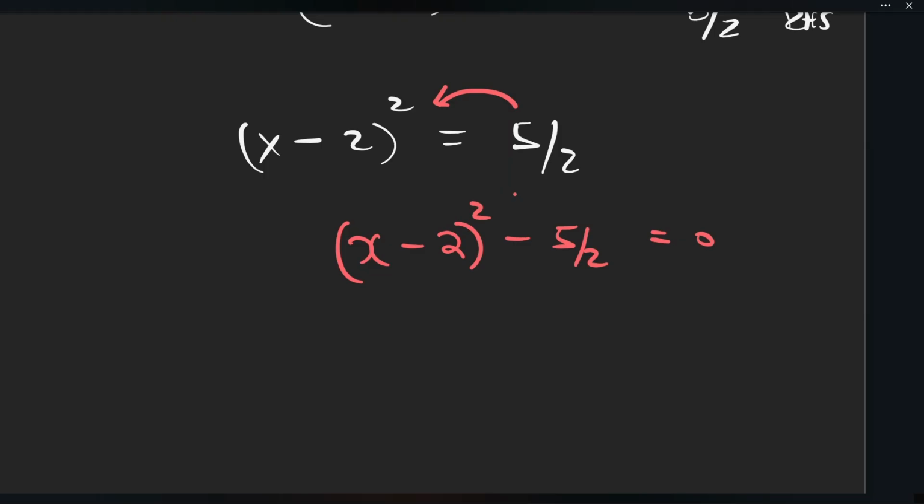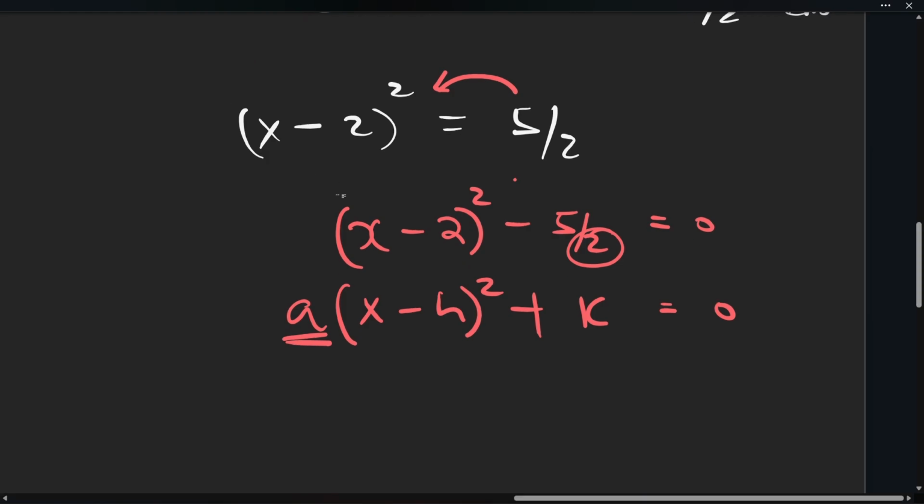Now, remember from the format, you have to have an a in front. It's supposed to be in the form a times x minus h squared plus k is equal to 0. This a will usually come from the fraction that was carrying the c.